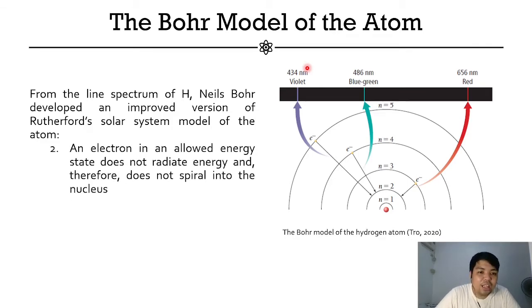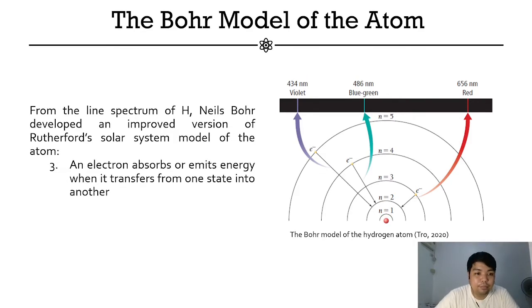An electron in an allowed energy state does not radiate energy and therefore does not spiral into the nucleus. That means when it is in that specific orbit, the electron, unlike in Rutherford's model, does not implode into the nucleus, but rather stays on that orbit with a specific integer, as predicted by Johann Balmer. And lastly, an electron absorbs or emits energy when it transfers from one state to another.